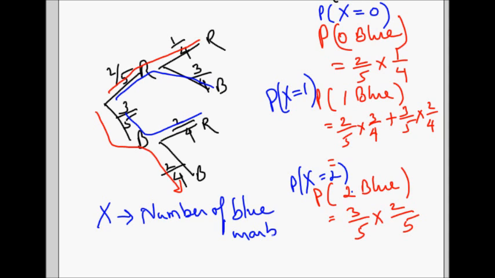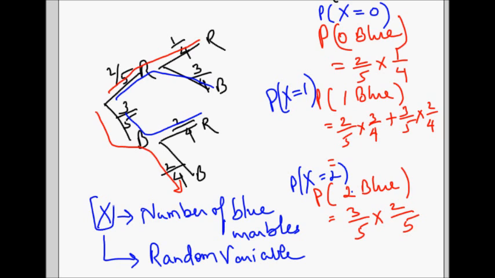This is what X means here. And this we call a random variable, because this is going to be the variable in this case. So this random variable in this question can take three values: 0, 1 and 2.